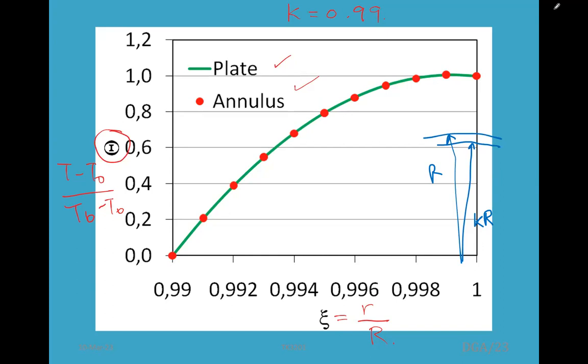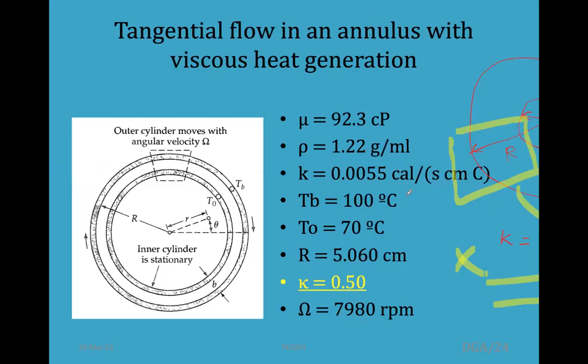However, if you change the kappa, for example if you make it a smaller radius, it will change the result. Let's say the kappa is 0.5. We have an inner cylinder like this, and the outer cylinder like this one.